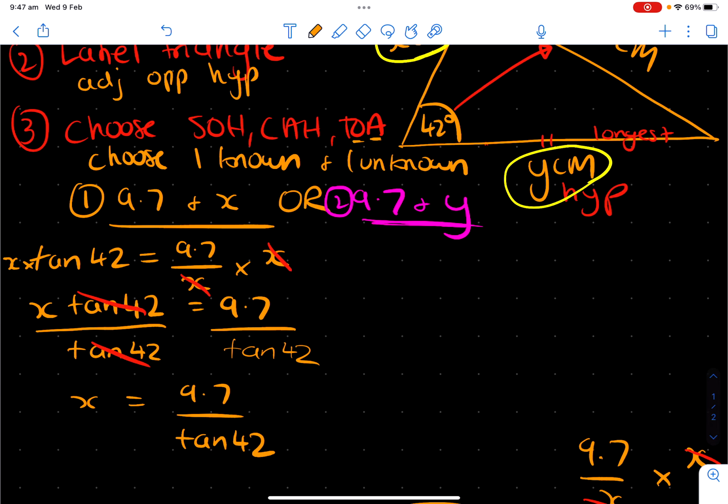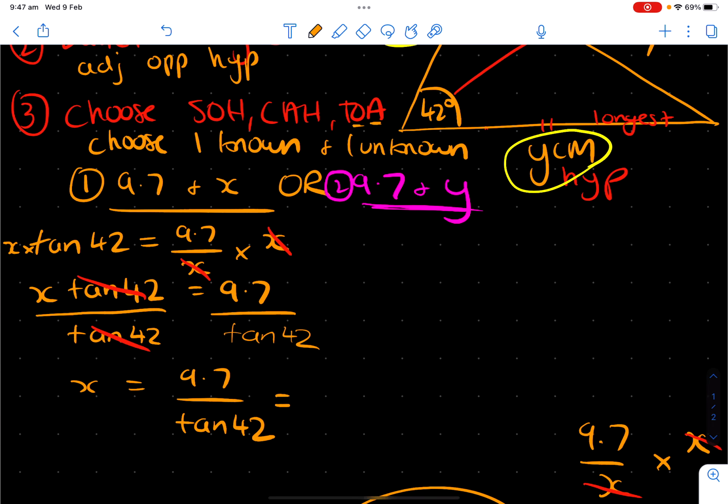So now that we've established that, let's just quickly punch this into our calculator and get our answer. So 9.7 divided by tan 42 is 8.73 centimeters in 3 significant figures.